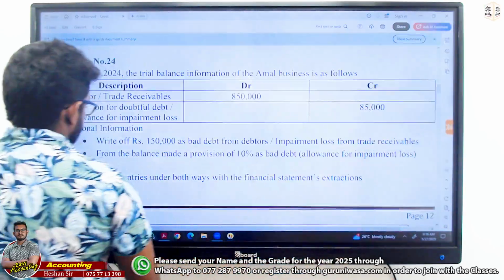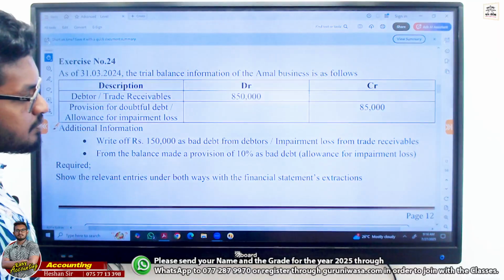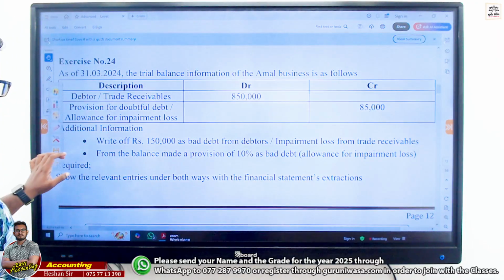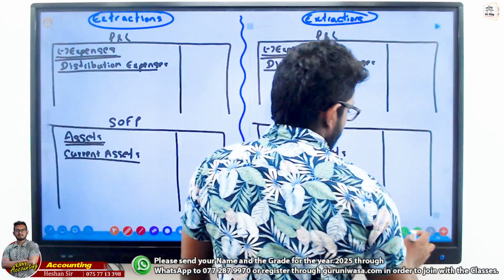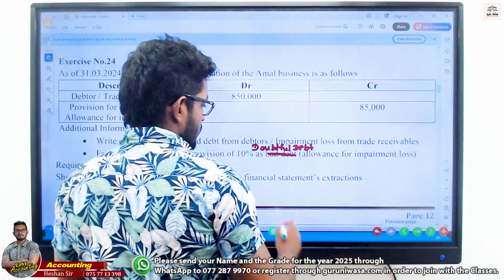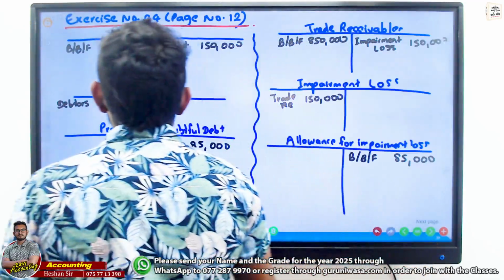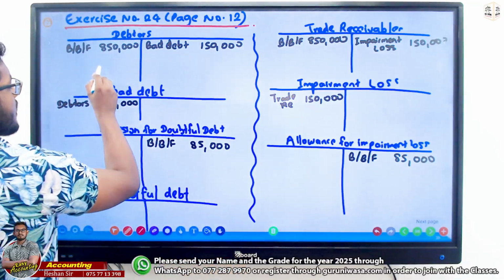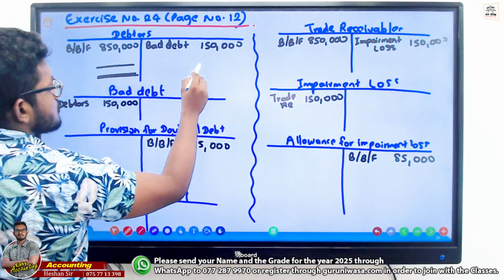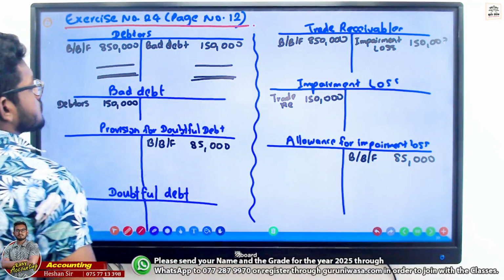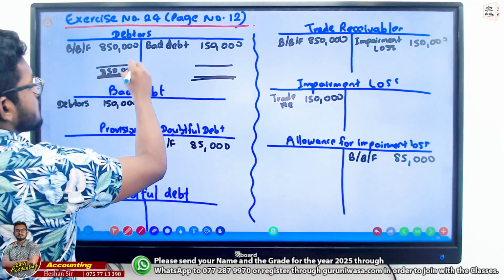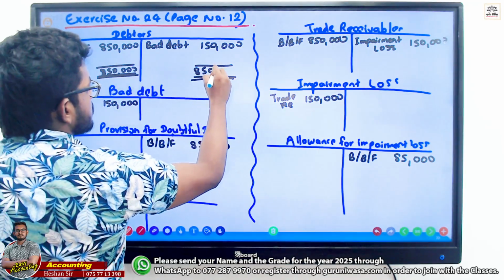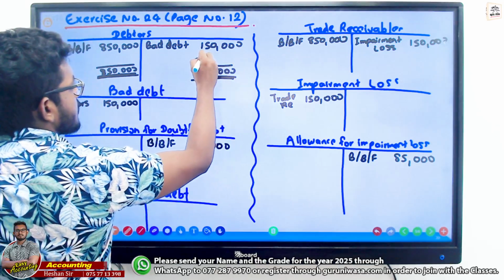Then from the balance made a provision of 10% as doubtful debt. I asked you to correct it as doubtful debt. When it comes to balance, 850, 850, 700.